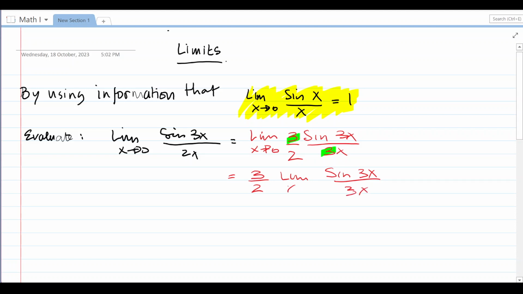Now it's the same as the information given, as x approaching 0. So this equals 3 over 2 times 1, because sin 3x over 3x will also equal 1 as x approaching 0. So the answer to this problem is 3 over 2 as the final answer.